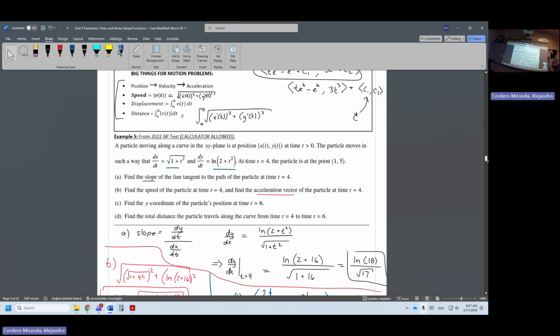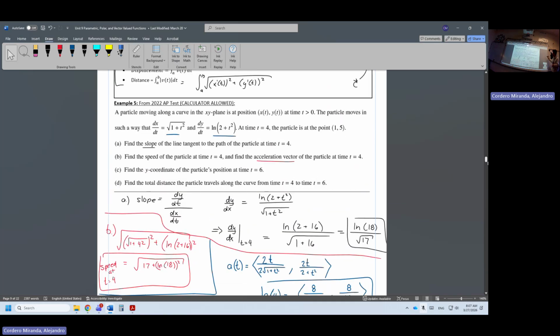Hey Sawyer. But okay, refamiliarize yourself with the question, example 5. It says a particle is moving and the position isn't given, but the velocity kind of is, since the derivative of the position is the velocity, what I underlined in blue. And then it says that at time 4, the particle is at the point (1, 5).